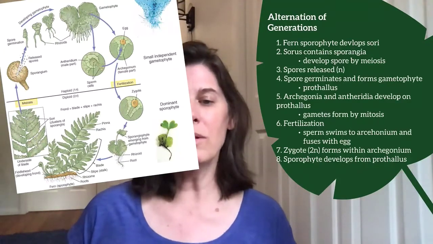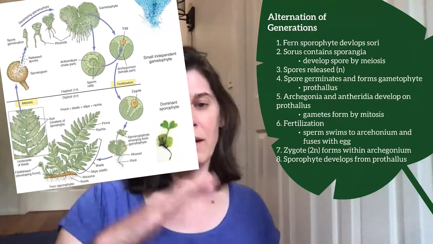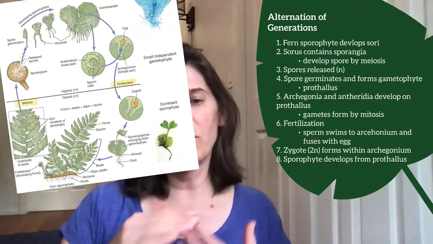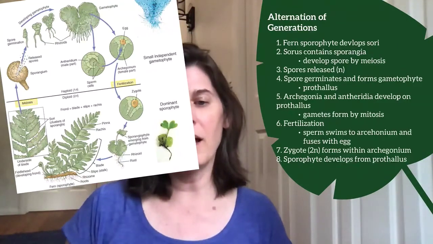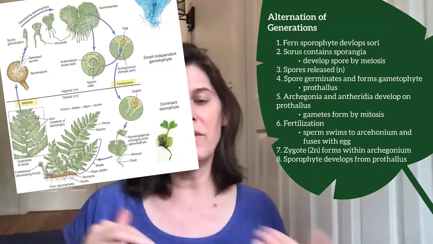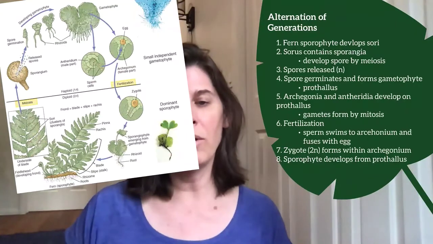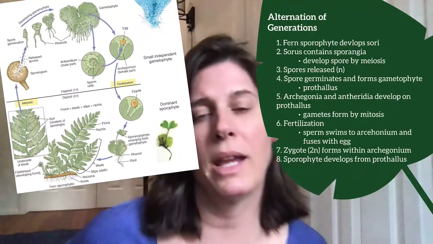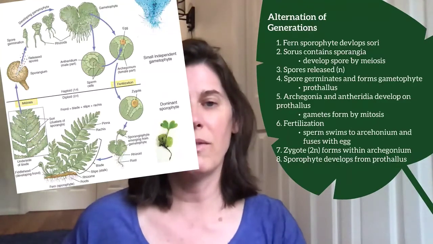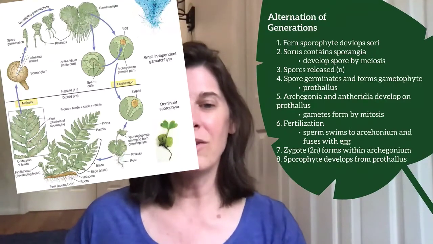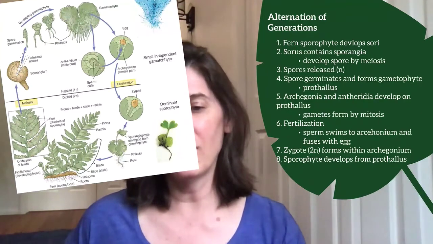What you're going to do is compare the gametophyte stage with the sporophyte stage: which one is more dominant, which one is dependent on the other. And also remember that it's split by cell division type, whether it's meiosis or mitosis. I did put a learning video on Canvas to give you the basics of what mitosis and meiosis are.